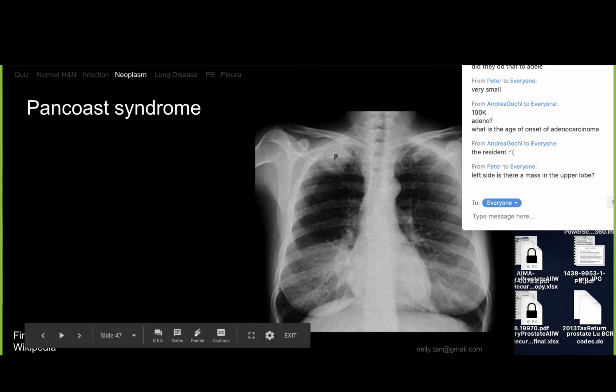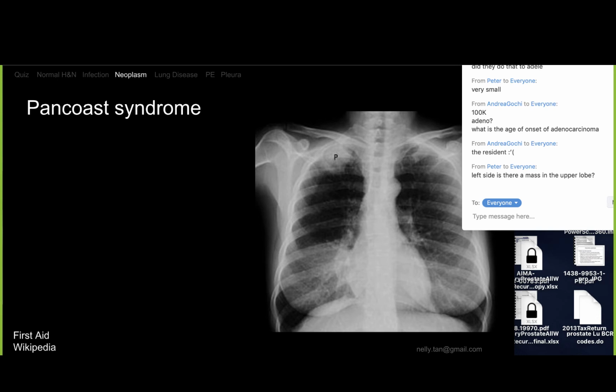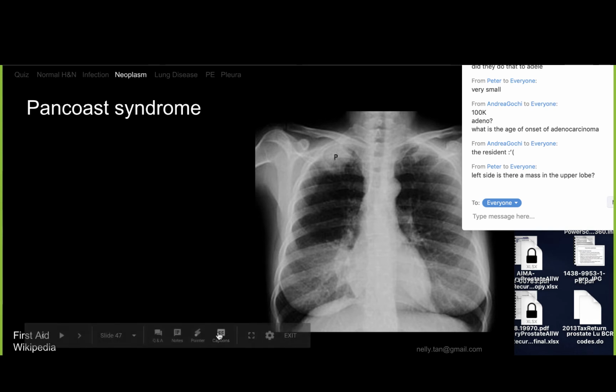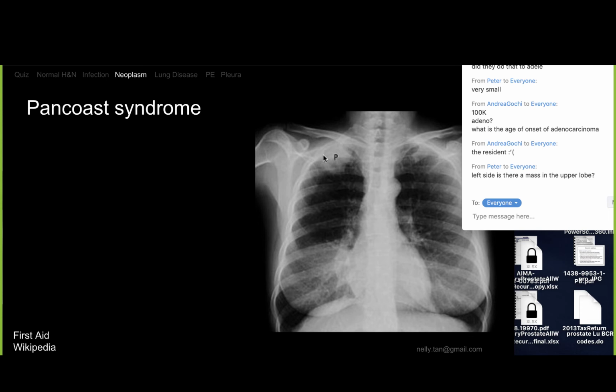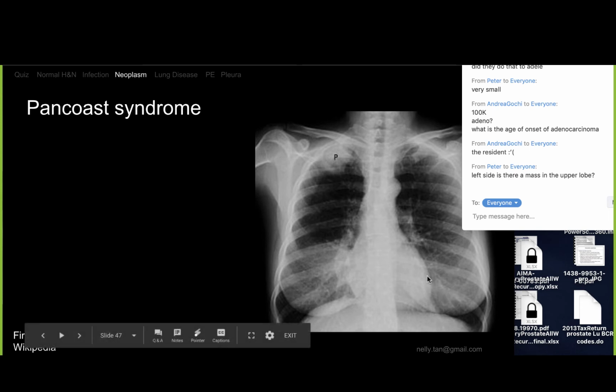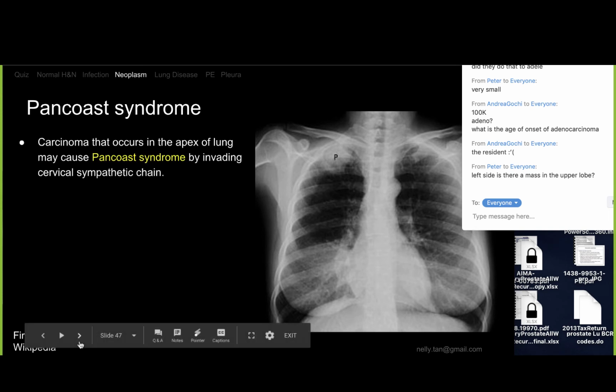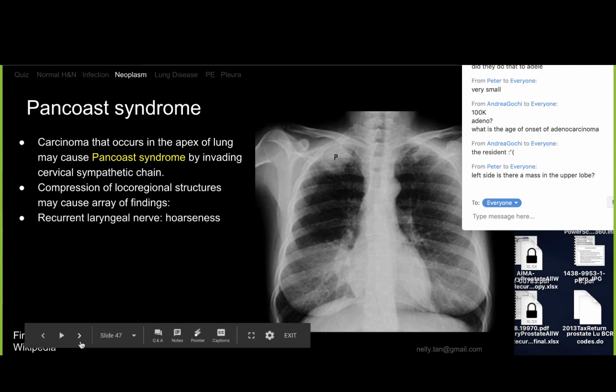What about here? What do we see here? Okay, so here we see this consolidation in the apex on the right side. So this is an apical lesion. Here the density is symmetric, so this is from the breast shadow. It's a woman. You can see the breast shadow here, so that's normal. So this is called a Pancoast tumor.